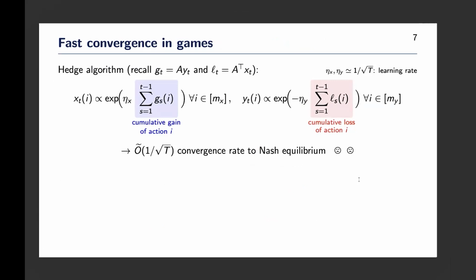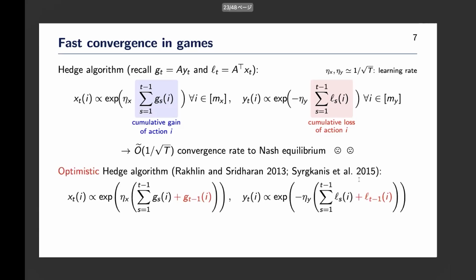So naively, one can consider the Hedge algorithm, something like this, as an algorithm for X and Y players, which leads to 1 over square root T convergence rate to a Nash equilibrium. And what's known from 2013 is that one can modify the Hedge algorithm a little bit to get a better convergence rate.